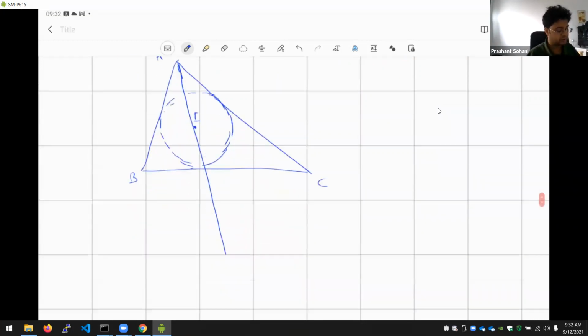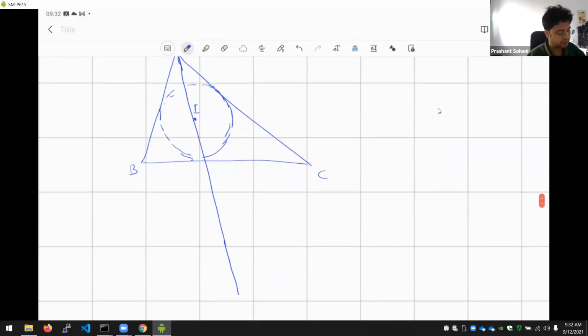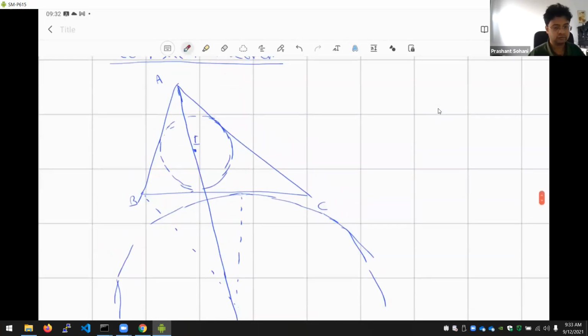And I could consider the ex-circle opposite to vertex A. So this is the in-circle ex-circle configuration. And we also know there is orthogonality, like the orthocenter, circumcenter, 9-point circle configuration.